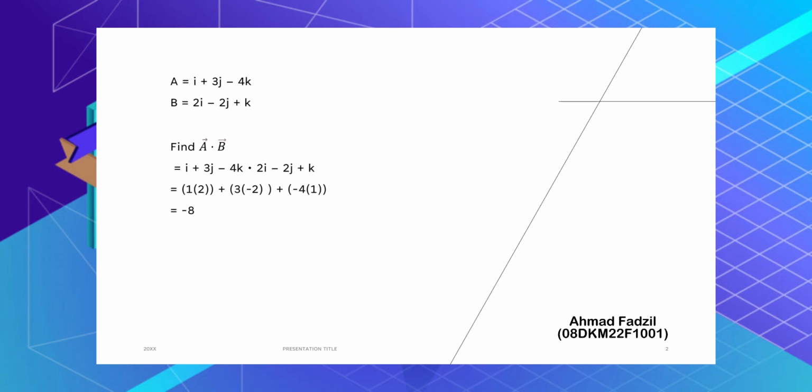For the same letter, we bring out the numbers and multiply them, like i is positive 1 for A, and for B the i is positive 2, and we do the same for j and k, and we add all of it, and then we get the answer, which is negative 8.